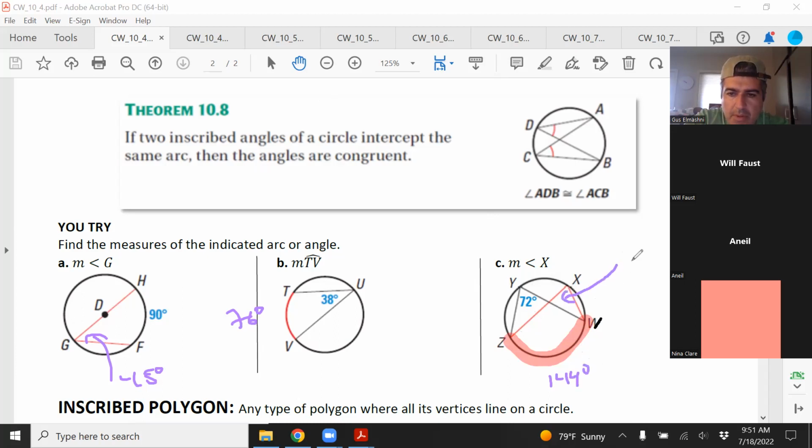So this is going to be 72 degrees, because it intercepts arc ZW. So angle Y and angle X both intercept. So both angles Y and X intercept arc ZW. Okay, questions on those?